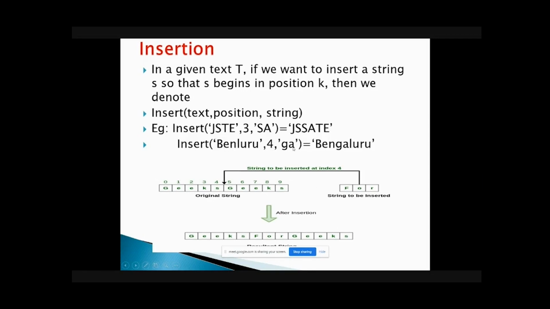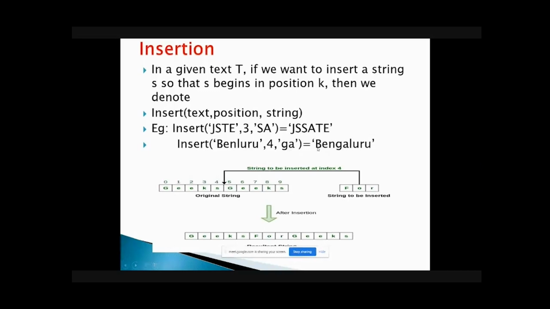Another example is insert Bengaluru. Assume my original text is Bengaluru, and I want to insert the string GA in the fourth position, which is after N. B is your first position, E is your second position, N is your third position. After N, you will start inserting GA.